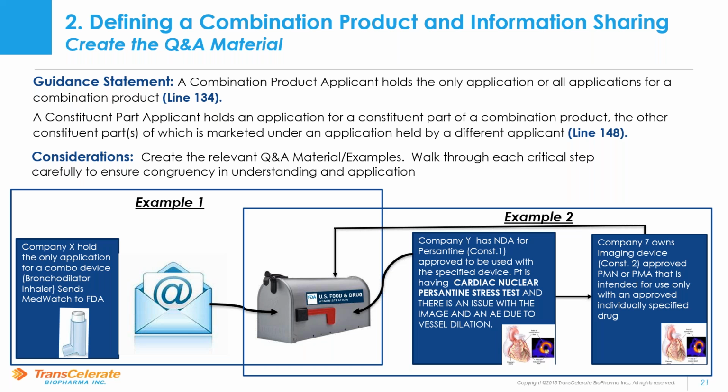And the other applicant holder contacts the FDA with their constituent product information in the appropriate time frame. So I say the appropriate time frame because if, for example, they own the device, they might have 30 days. If they own the drug, they'll have less time frame. So you just have to figure that out based on the primary mode of action for that particular constituent component.